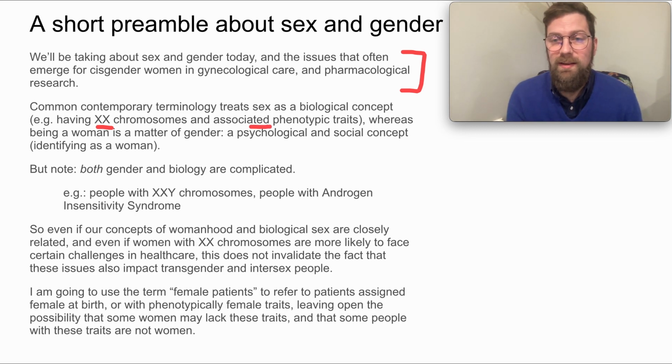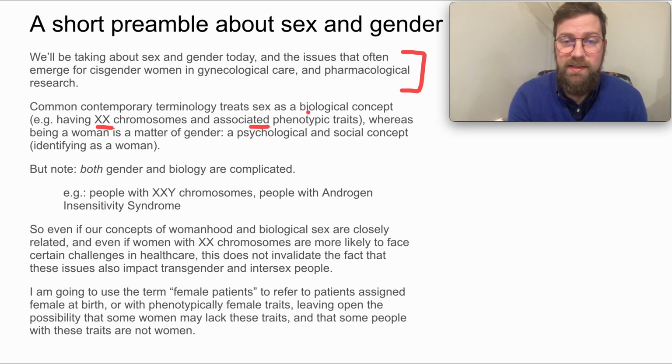So for instance, a phenotype is just the way your body presents itself and the way it behaves. So we can think of a phenotypic trait of a female as involving things like having ovaries and a uterus, or menstruating, or being able to become pregnant and give birth.